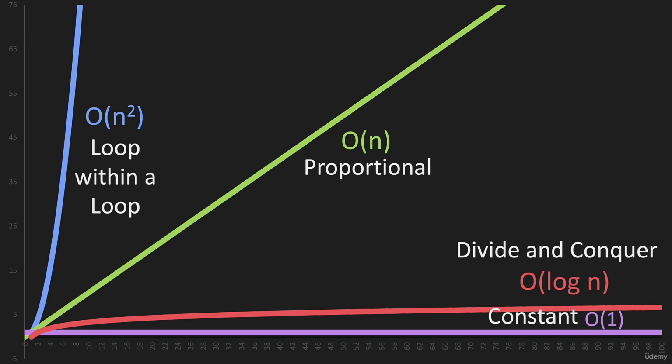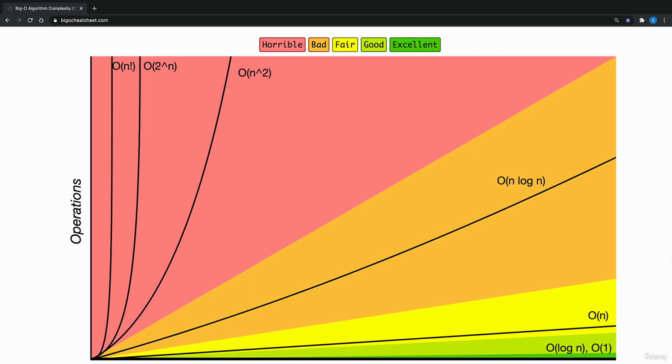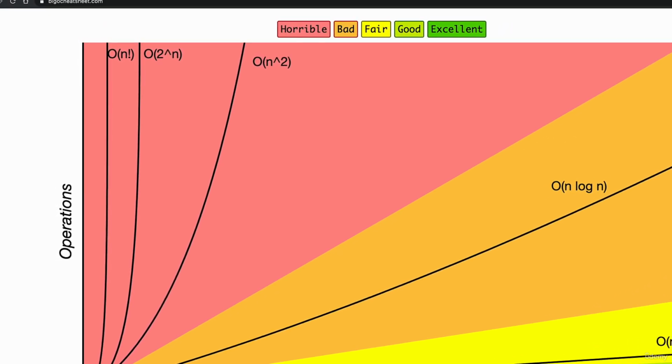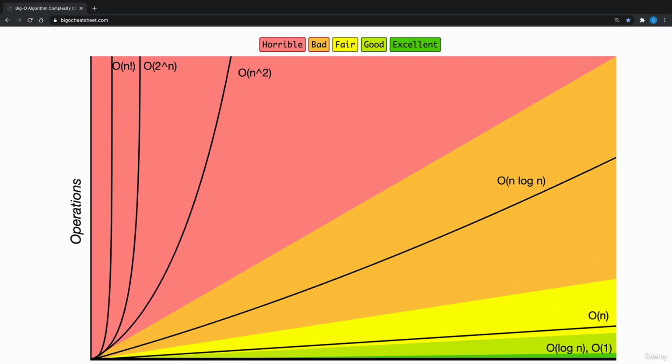So now I'm going to take us over to a website that I think is a great resource for learning Big O. It is bigocheatsheet.com. So at the top of the page, you have this graph. These two we're not going to see in this course. In fact, O of n factorial is really something that can only happen if you're writing bad code on purpose.